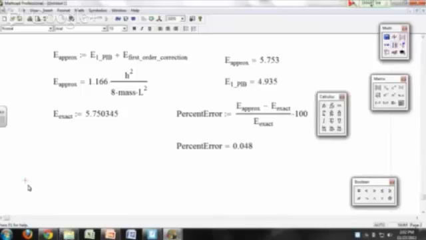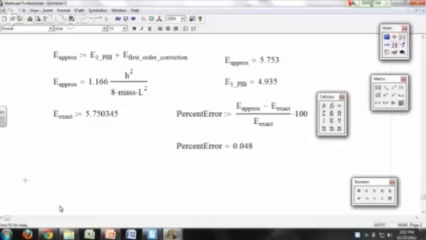Now, let's go back to the variation theorem. We said that if you have a trial function, if you just guess what the function is for your particle, and you plug that into that formula that we had, you get an upper bound, a value that's always going to be higher than the true ground state, right?